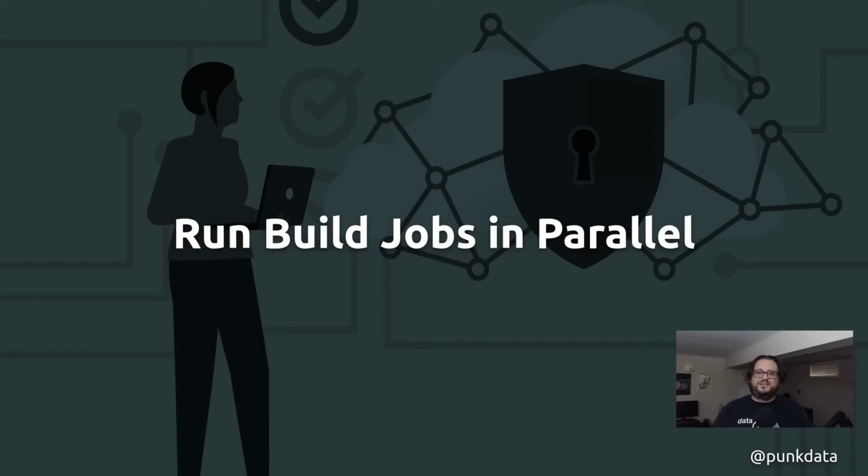I think they make this connection with their jobs and the processes in their minds, and they're constantly a little bit fearful or cautious about running some jobs in a non-sequential manner. But I can tell you that by running your jobs in parallel, you can save a lot of time, obviously, right? Because it just makes sense. It's like multitasking. You're doing multiple things at the same time, so you're going to finish faster in most cases.